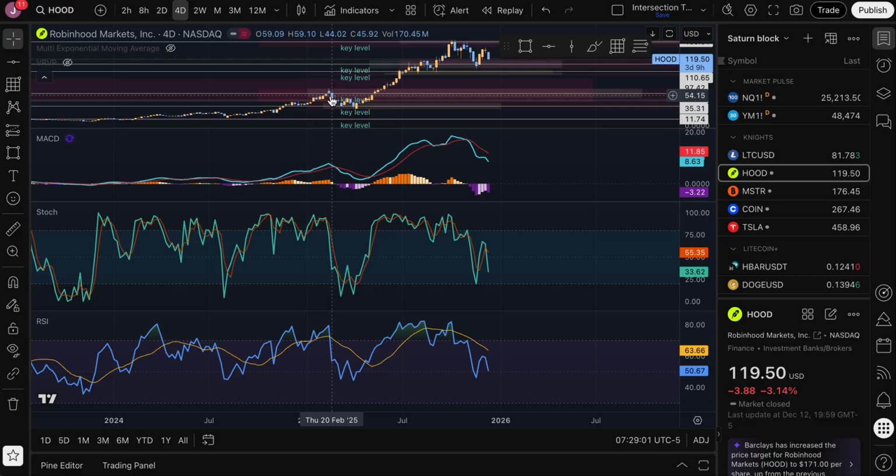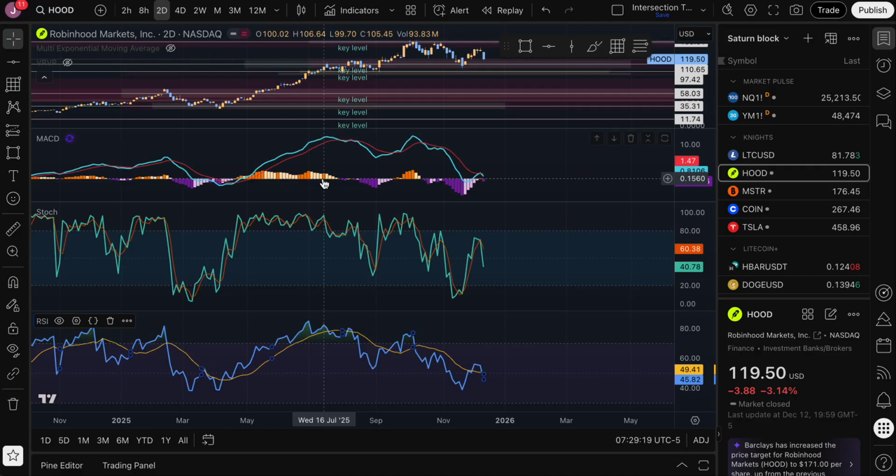You can see the type push down. Possible. So, pop back up, continue on to February or March. Let's look at the 2 day.